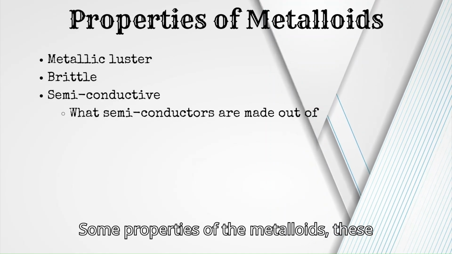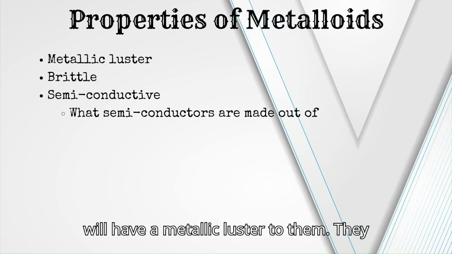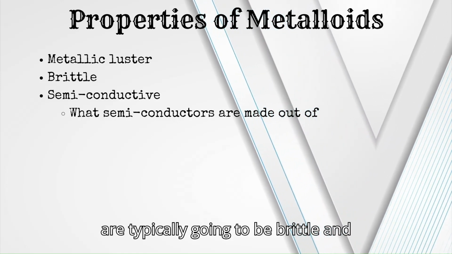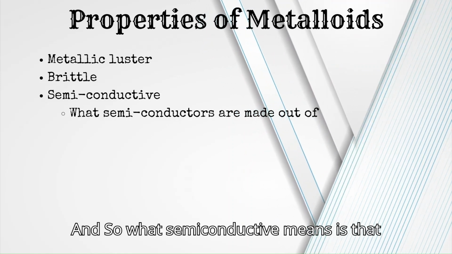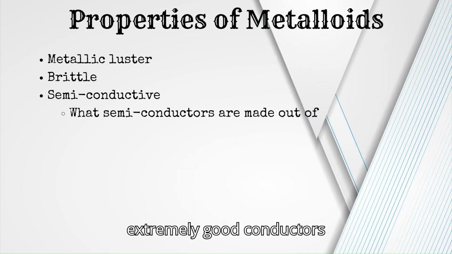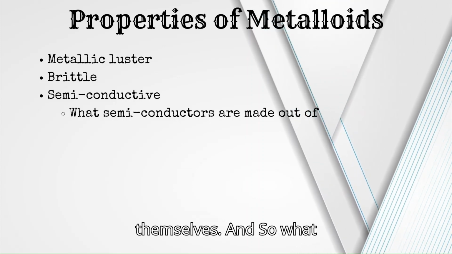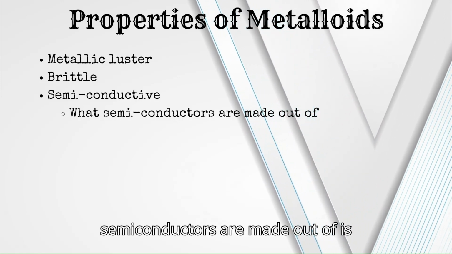Some properties of the metalloids: these will have a metallic luster to them. They are typically brittle and they are semiconductive. What semiconductive means is that they are somewhat conductive, but not extremely good conductors themselves. Semiconductors are what our electronics are made out of.